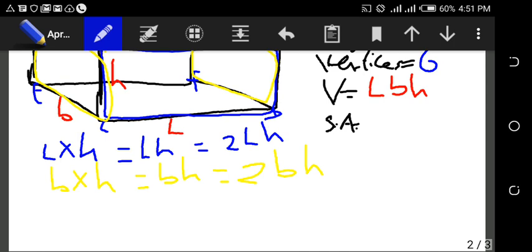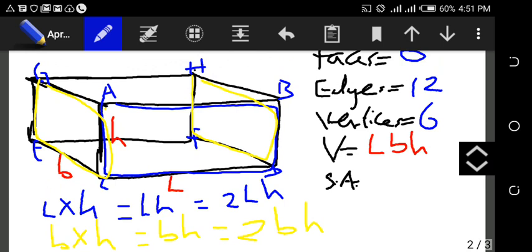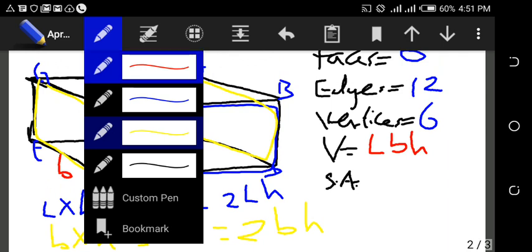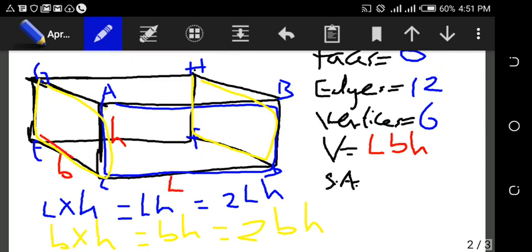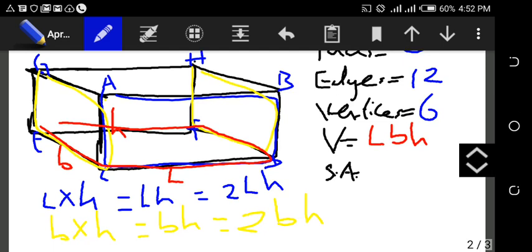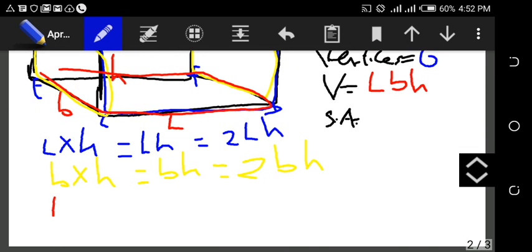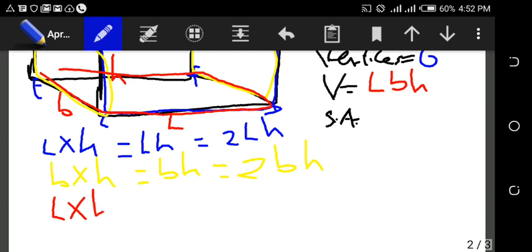And then of course the last one is the top and the bottom. Now if we want to consider the bottom part of it, that is this one here. The length is L while the breadth of it is B, so the area for that will give us length times breadth.